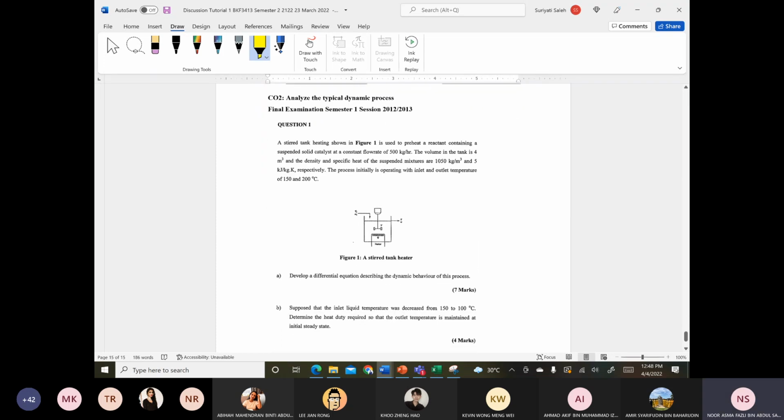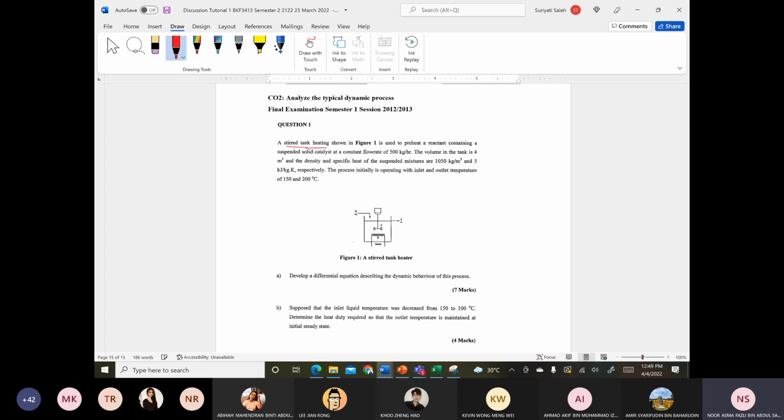So here a steel tank heating shown in figure 1 is used to preheat a reactant containing a suspended solid catalyst at a constant flow rate. Like I mentioned before, when we go through the guideline, you need to have the process understanding. The unit operation involved is the steel tank heating.